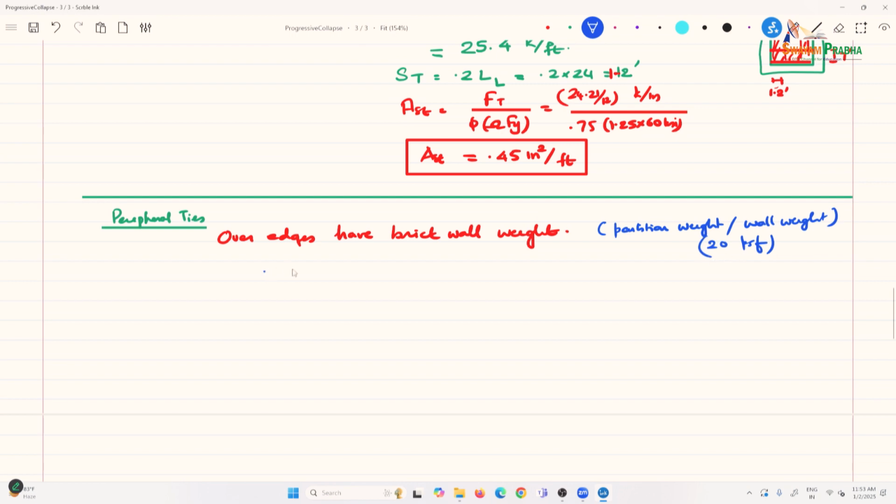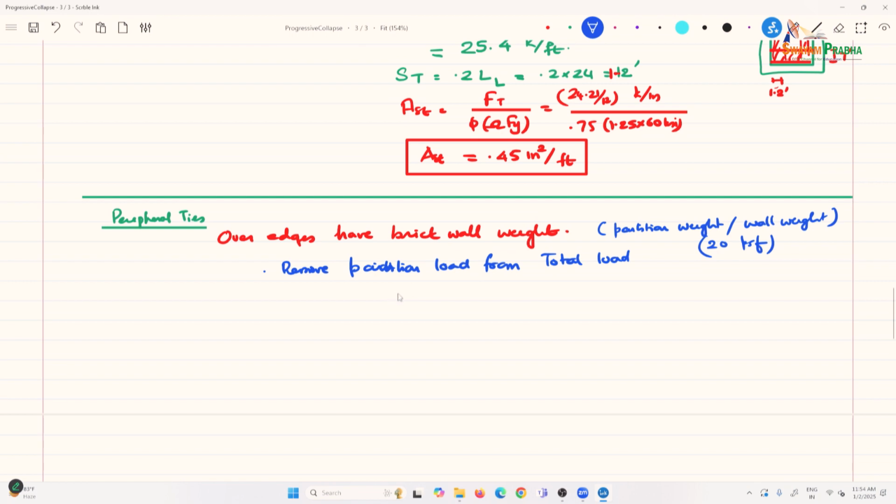So, what we will do first is to remove the partition load from total load, which is in PSF.